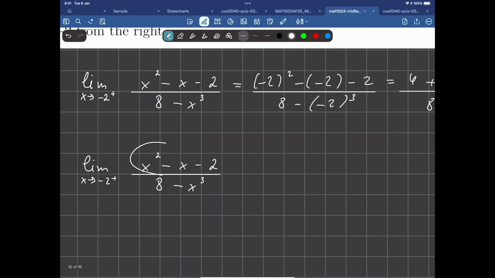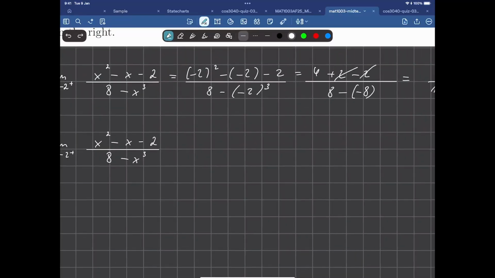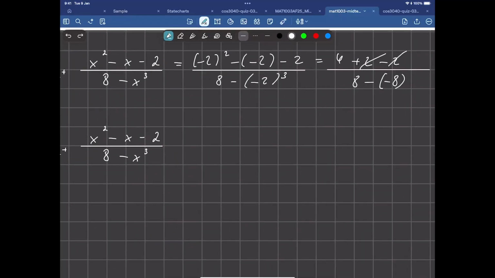Firstly, at the top, we see that we have a quadratic equation. So how do we factor out the quadratic? As I told you, we need to find two numbers that when multiplied give us minus 2, and when summed give us minus 1 in this case. We don't really write the 1 in the coefficient, but in this case it's a 1. So the numbers that multiply to minus 2 could be minus 2 and 1, or 2 and minus 1.